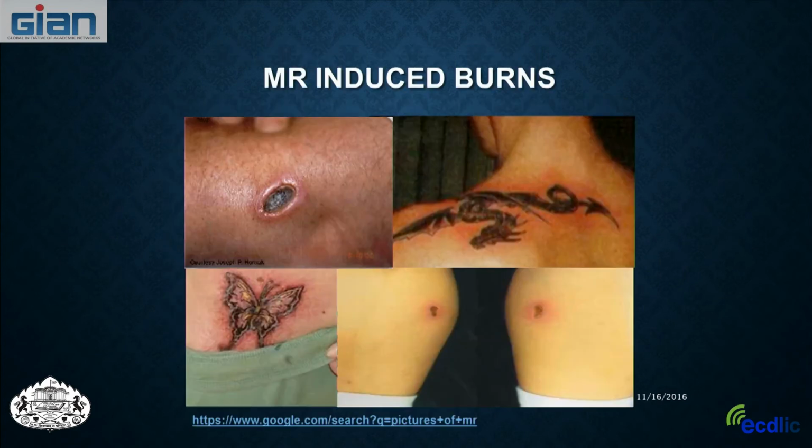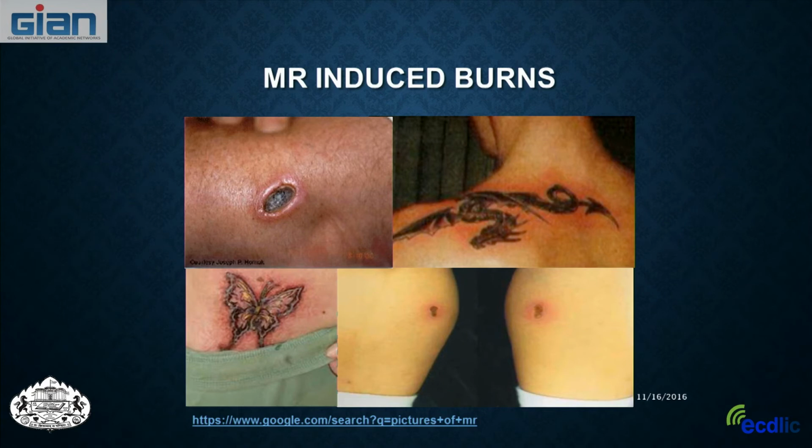Okay, so here's some burns that are caused by MRIs. This one here on the bottom right was caused by a current through a loop. I think this is maybe some part of their body where it was touching during the scan, and this induced a loop and caused burns at the points of the skin.